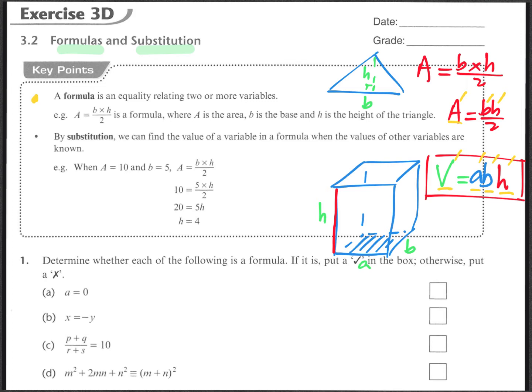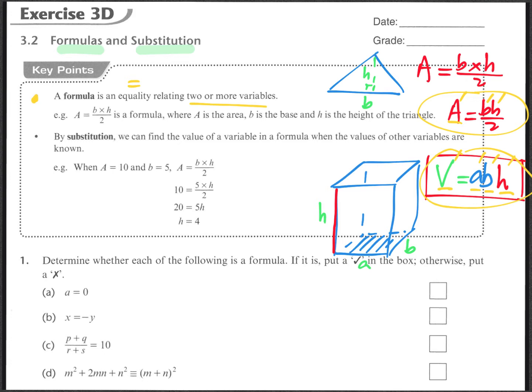A formula is an equality, that means an equal sign, relating two or more variables. For example, in the area of a triangle, the formula is relating area to the base and height. While for the volume of a cuboid, you are relating the volume, which is a variable, to the base width, base length, and also the height of the cuboid. It is not difficult, right?